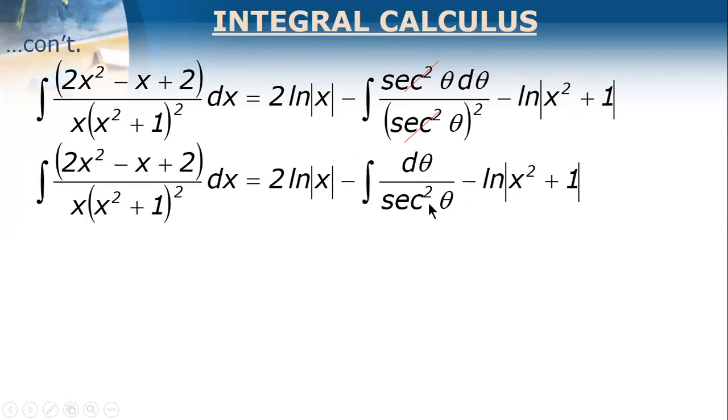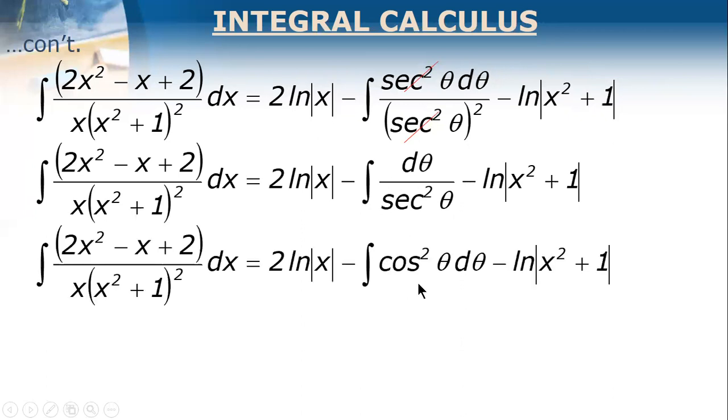Now, we don't have an integral of 1 over secant squared theta, so we're going to use the reciprocal function. The reciprocal of secant is cosine. So the second term becomes the integral of cosine squared theta. And with this, we're going to use the integral of powers of sine and cosine.